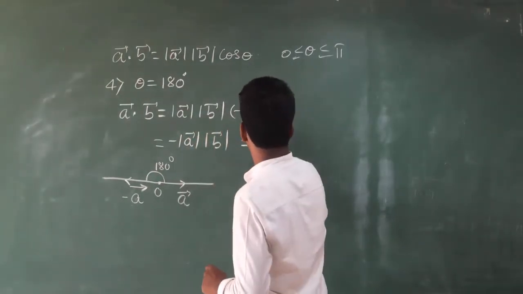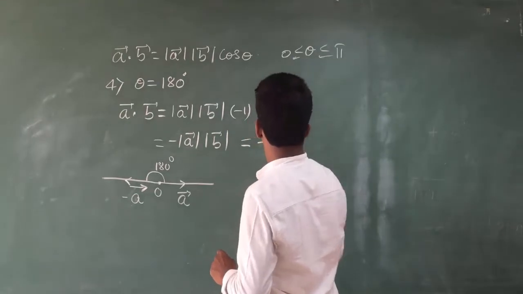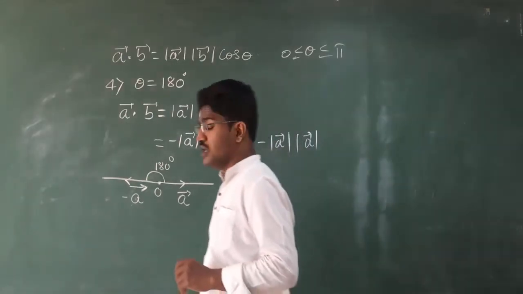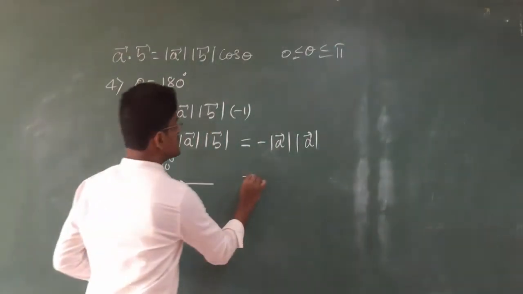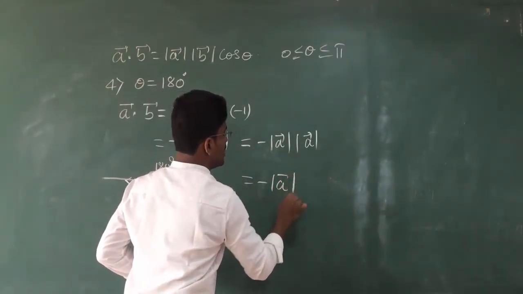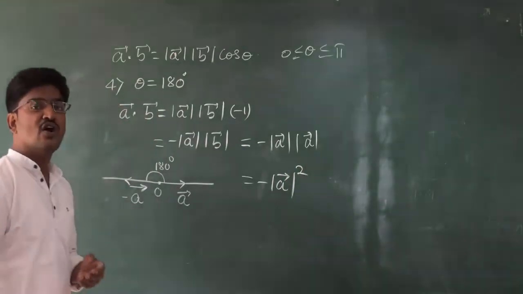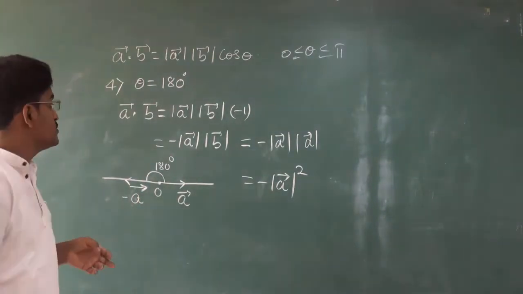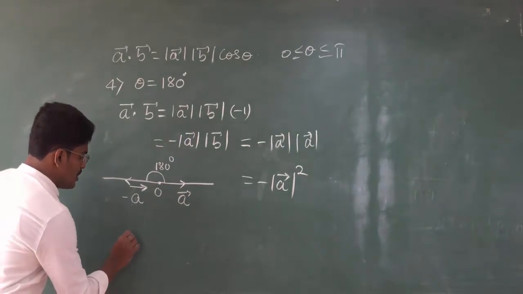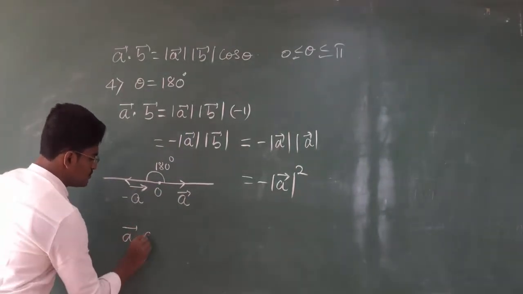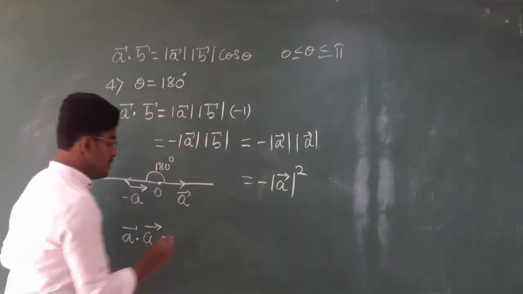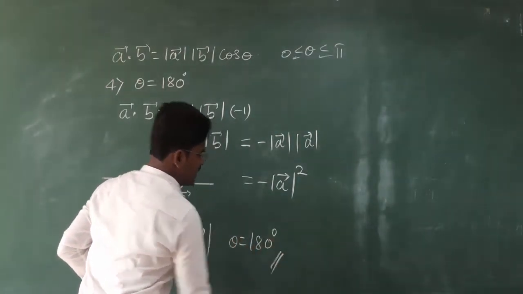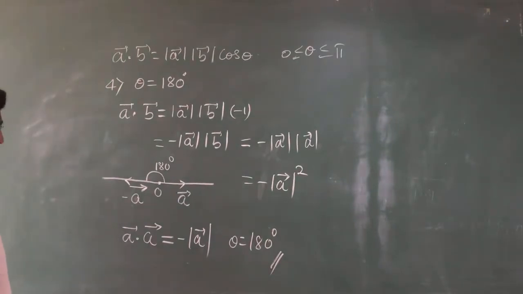This same term can be written as minus of magnitude of vector A, and in the place of magnitude of vector B, I can write magnitude of vector A. So this is going to be equal to minus of magnitude of vector A square, if theta is 180 degrees. So we can write the same term as vector A dot vector A is equal to minus of magnitude of vector A square if theta equals 180 degrees.